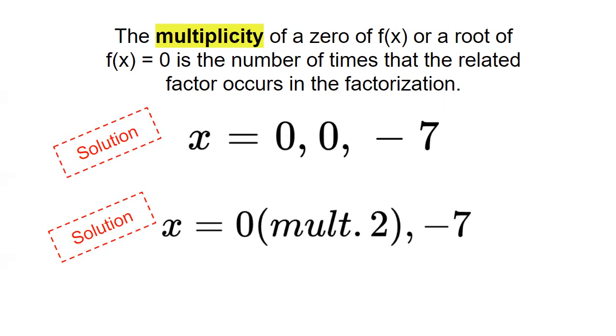So in this case, we have x equals 0, 0, and -7. We're going to write it as 0. We know that it repeats twice, so we're going to write it as a multiplicity of 2 and -7. Okay, so instead of writing our solution twice, we're just going to write how many times it repeats itself.